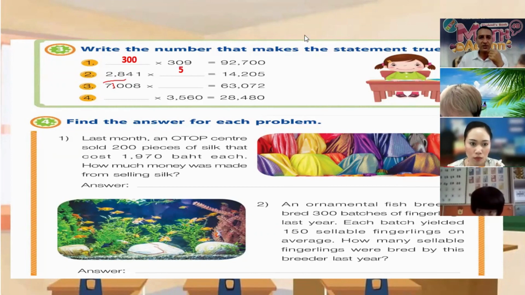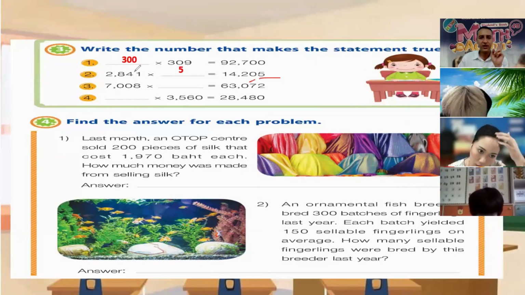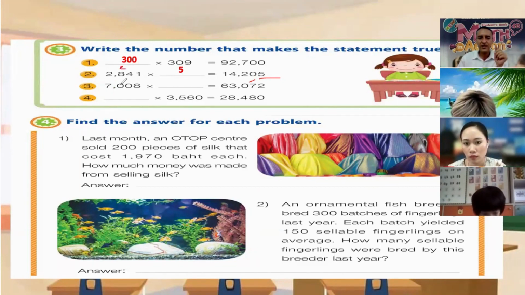So 5 will be the best multiplier, right? So let's do the calculation here. For example, 5 multiplied by 1 is equal to 5. Now again, 5 multiplied by 4 is equal to 20. So 0 we're going to write at the place 10, and 2 we carry over at the place 100. Now again, 5 multiplied by 8 is equal to 40. 40 we having 2 carry over at the place 100.